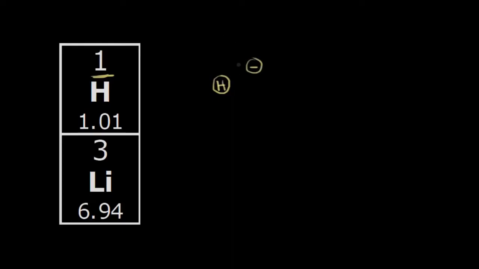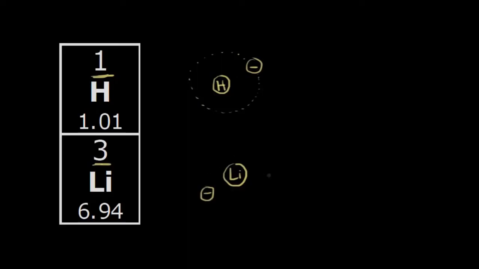So we go ahead and sketch in our electron here, and we'll make things really simple and just show this simple version of the atom, even though we know it doesn't really exactly look like this. And when we do lithium, atomic number of 3, so that means 3 protons in the nucleus of lithium. So this is representative of lithium's nucleus with 3 protons and 3 electrons. 2 of those electrons are in the inner shell.